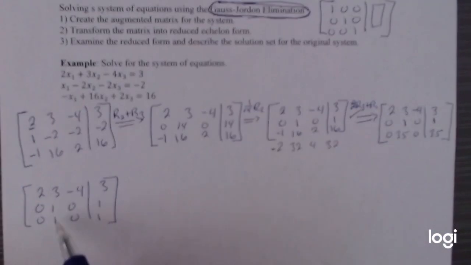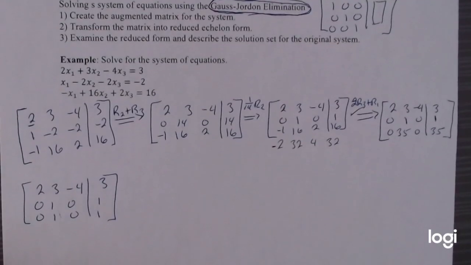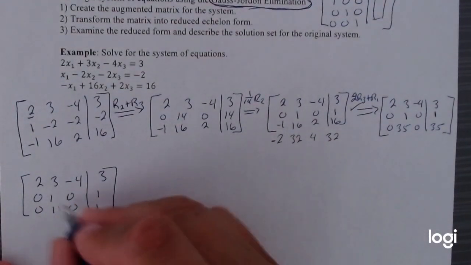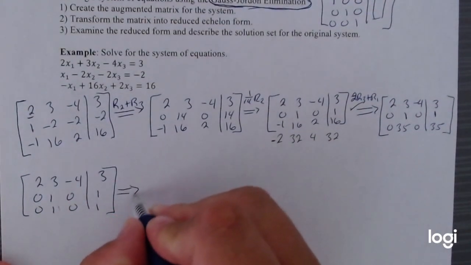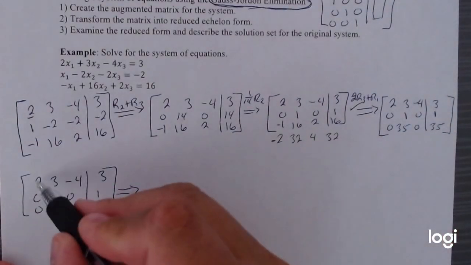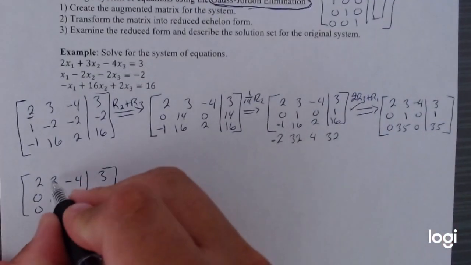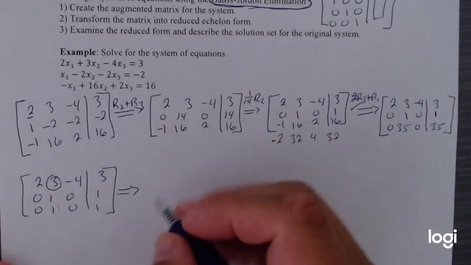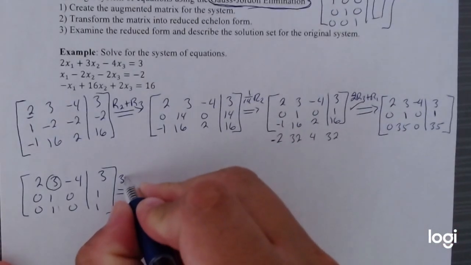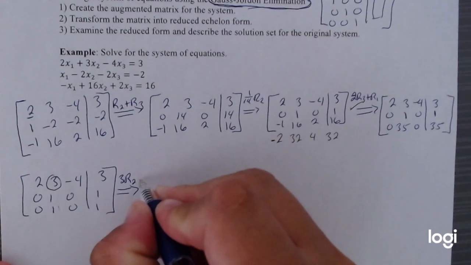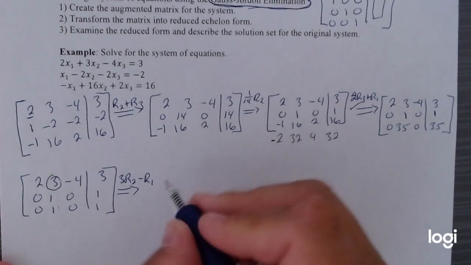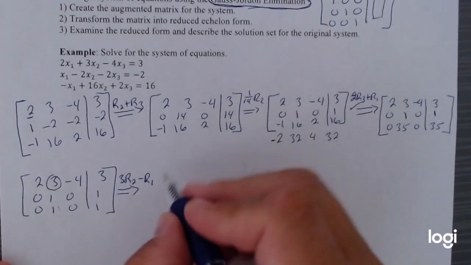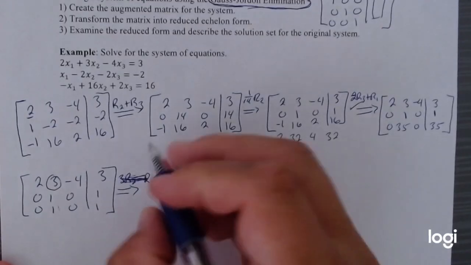Well, this is interesting, right? Okay. Well, we'll just leave that for now. All right, so now that we have one complete row, let's get a 0 here. So I'm going to multiply 3 times row 2 and then subtract it from row 1. Or actually, let me just do the opposite.